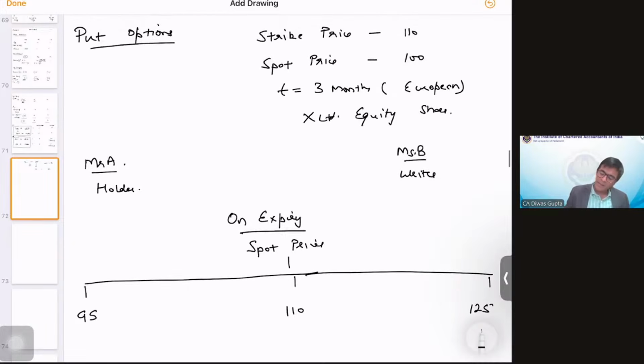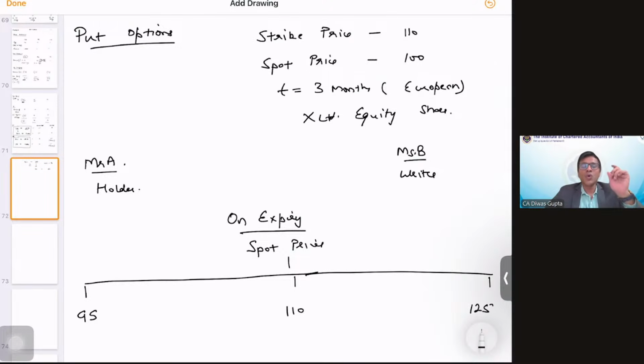Now, students, see, I have a right to sell at 110, for which the market price is only 95. Do you think it's a right with me? Come on, students, answer over the chat or whichever way you feel. Yes. It's a right for me. Perfect. Why is it a right for me? Because I am able to realize 15 rupees more if I sell under this contract. If I sell in the open market, it's not a right anymore.